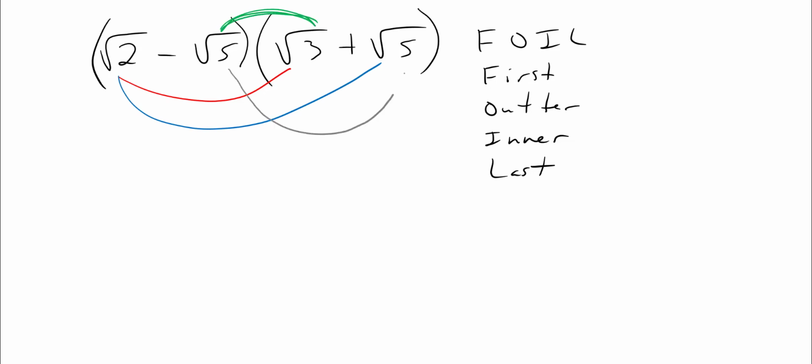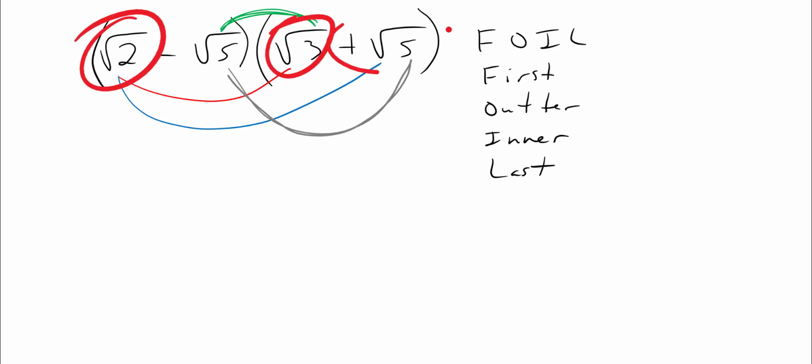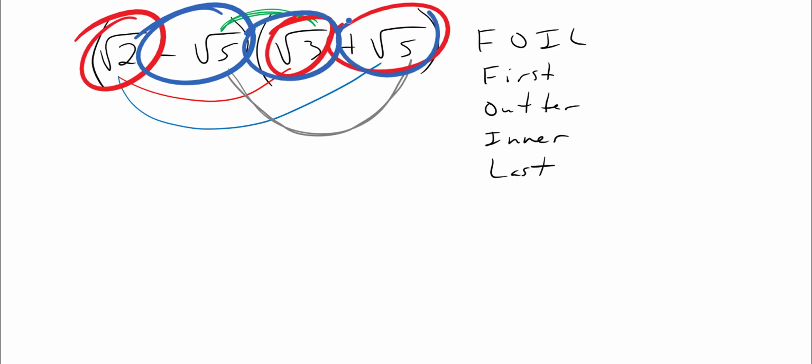And these are your last terms. Okay? And even if you forget FOIL, guys, truly what you're doing is everything in the first set of parentheses gets multiplied by everything in the second set of parentheses. So that root 2 gets multiplied by both of these terms. And this negative root 5 gets multiplied by both of those terms. That's all it is.